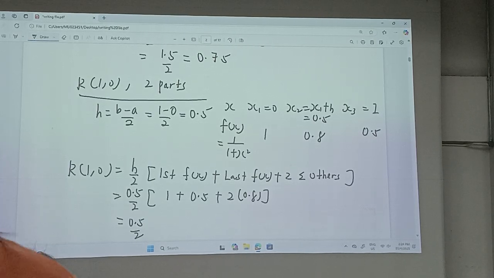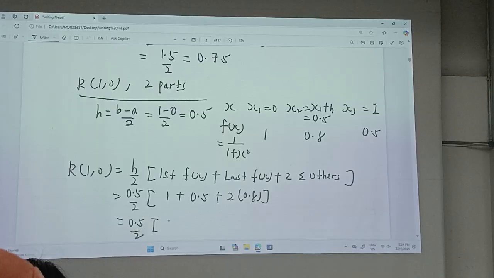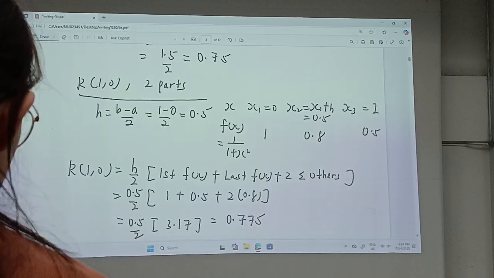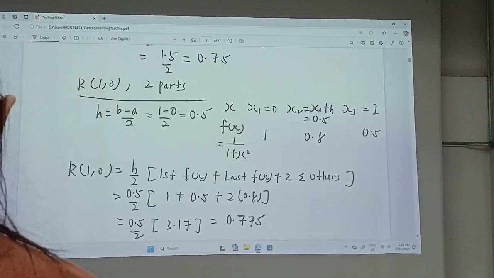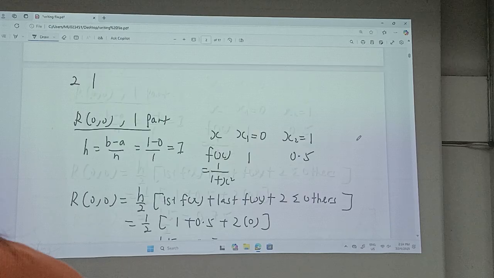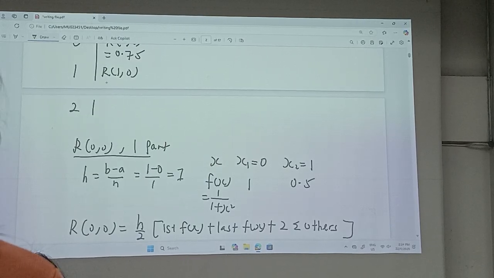So press calculator for this part, you will get 3.1. Okay, multiply together, get 0.775. So now fill out the table. R10 equal to 0.775.